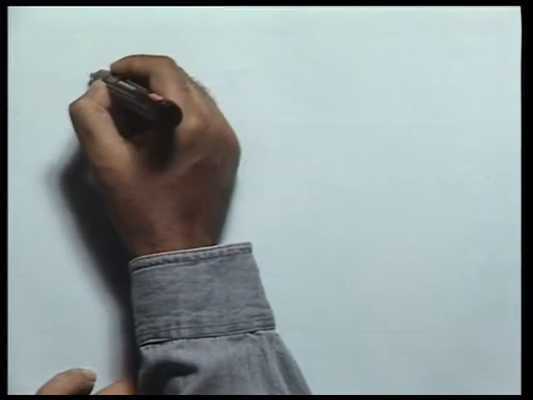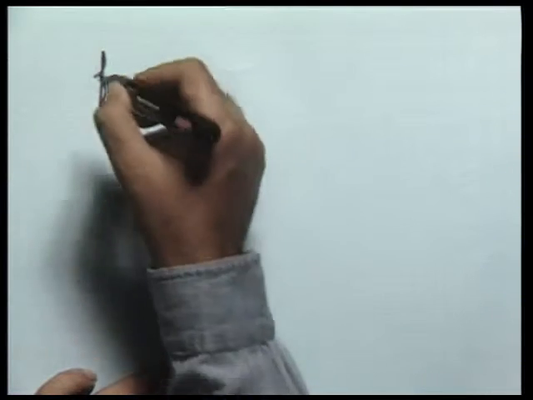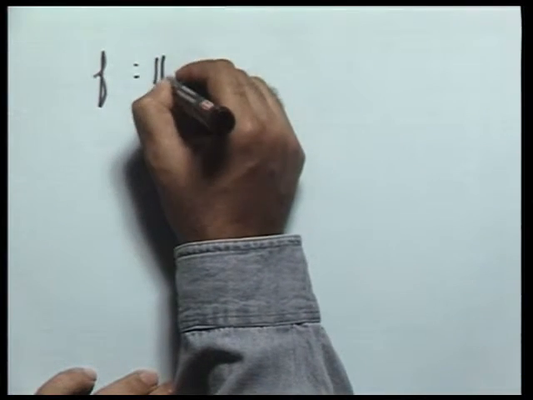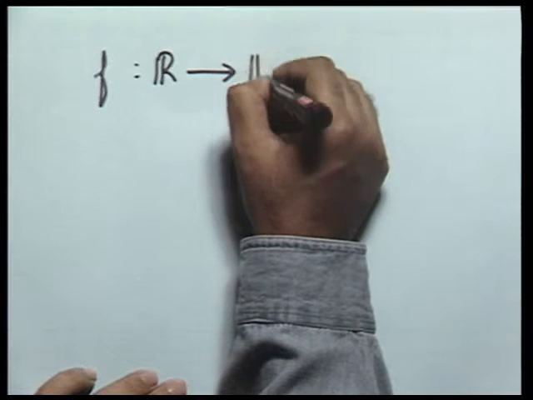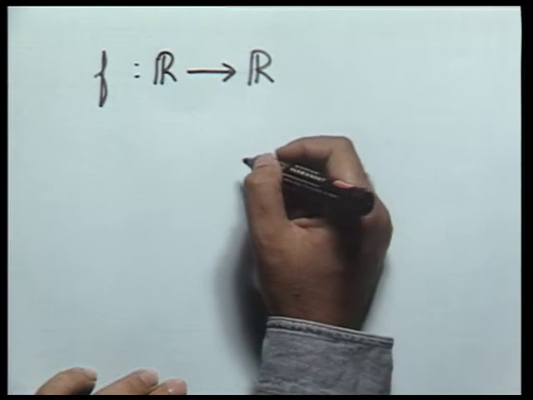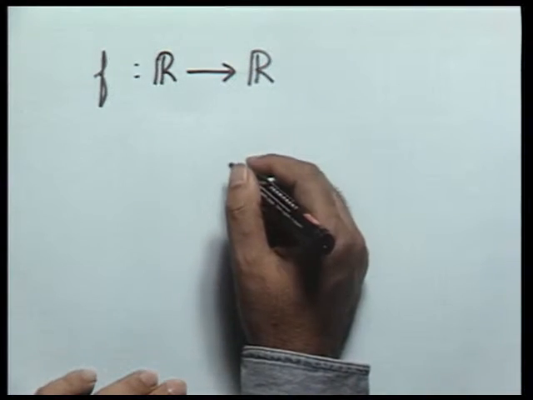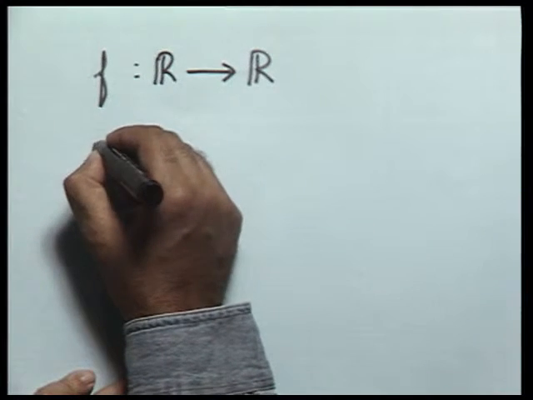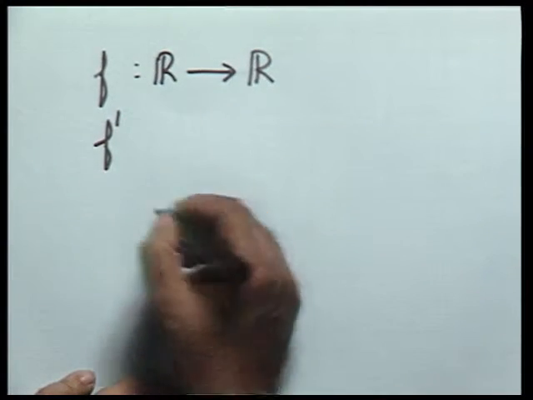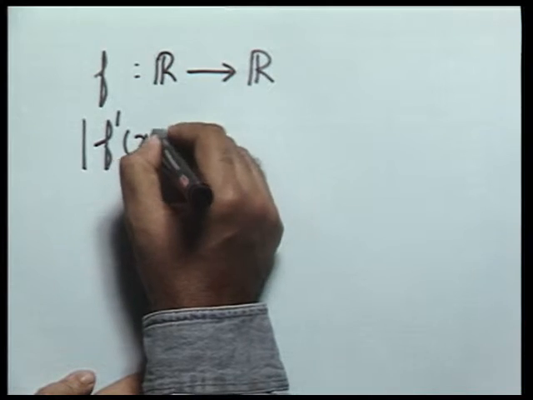Coming back to the general mean value theorem, here is another application that I have in mind for you. Let us take a look at this. Suppose I have a function f for the time being, say defined on the whole real line. This is not necessary, I could just restrict myself to open intervals, but suppose this function is such that it is differentiable on the whole real line and the derivative is bounded.